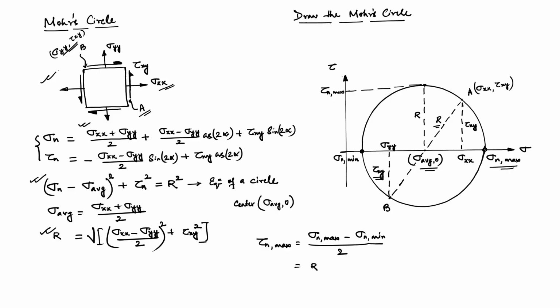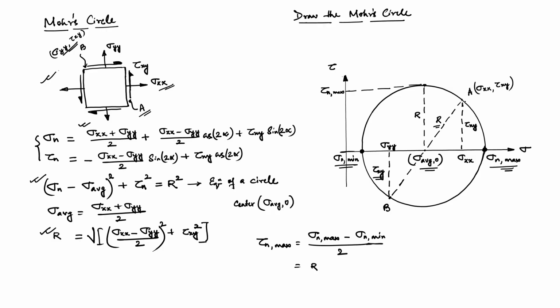So, if we subtract the minimum from the maximum value, what we get is basically the diameter of this circle, divided by 2 is the radius, which is the maximum value of shear stress, and that also we can identify from the Mohr circle easily.